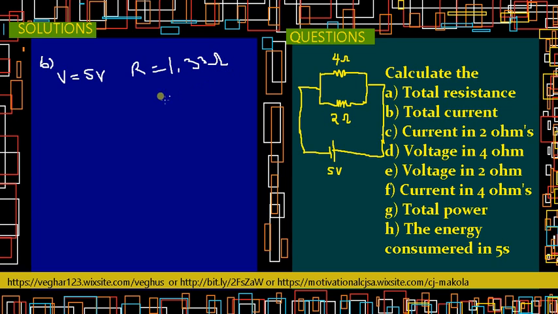So we'll calculate the current using Ohm's law: current equals V over R, 5 over 1.3 recurring. Let's use the calculator.